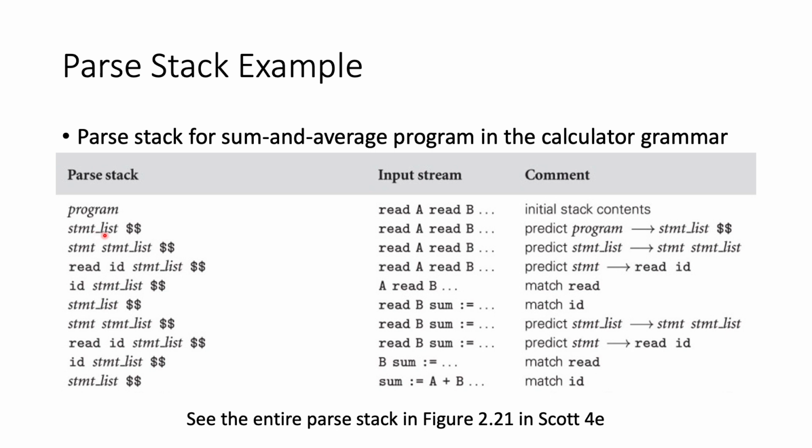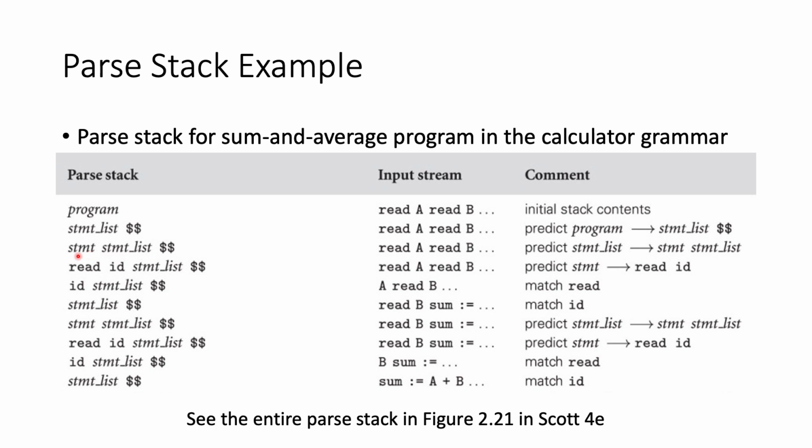So now the stack has stmt list at the top. Then we predict the production stmt list to stmt stmt list. So we pop stmt list off the stack, and we push the right-hand side of this production onto the stack in reverse order.